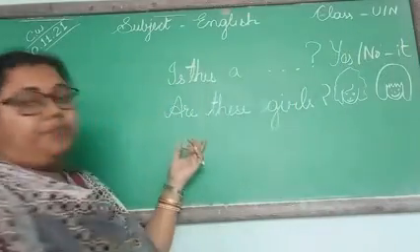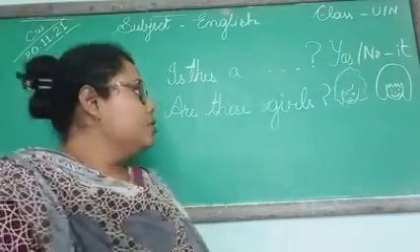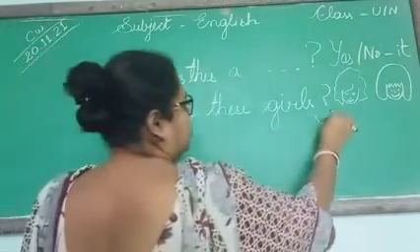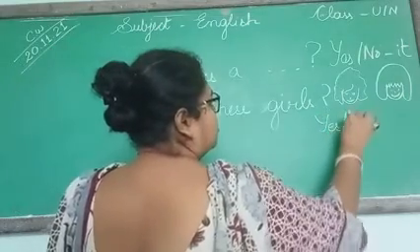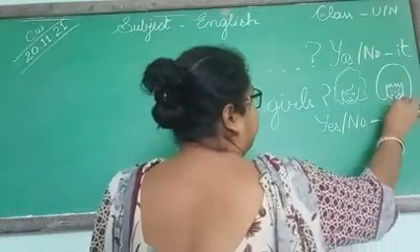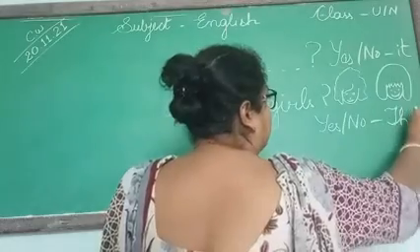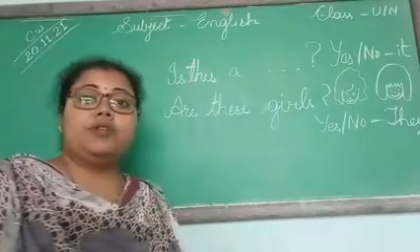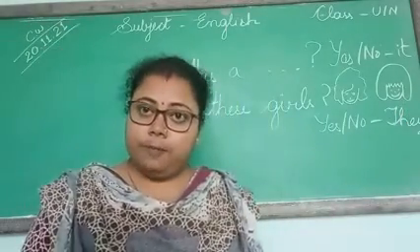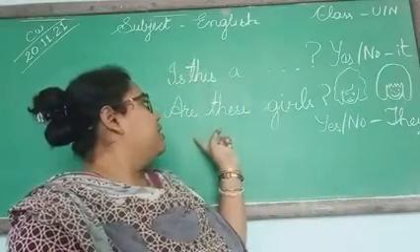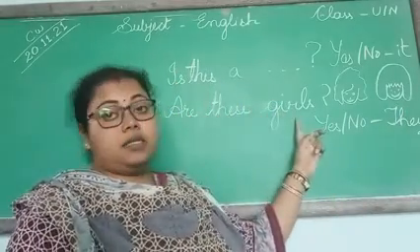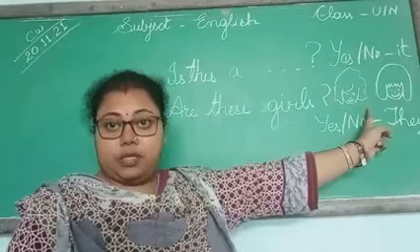So same thing in plural form. You have to use yes or no, but use they. T-H-E-Y. They. So the answer will be, are these girls? You are seeing the picture? Yes.